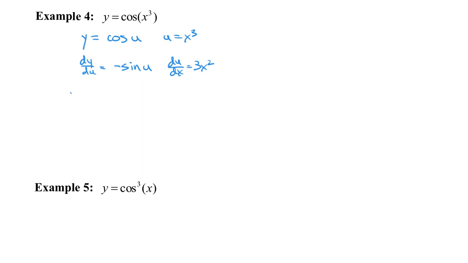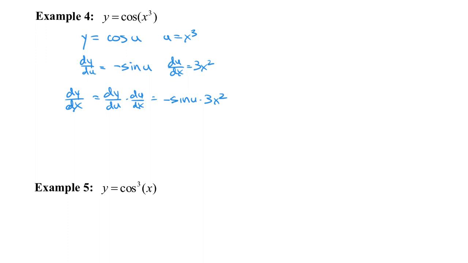Once we have that, we can say dy dx, what we're originally looking for: the derivative of y with respect to x, the independent variable. According to the chain rule, that's dy du times du dx, which equals negative sine of u times 3x squared.